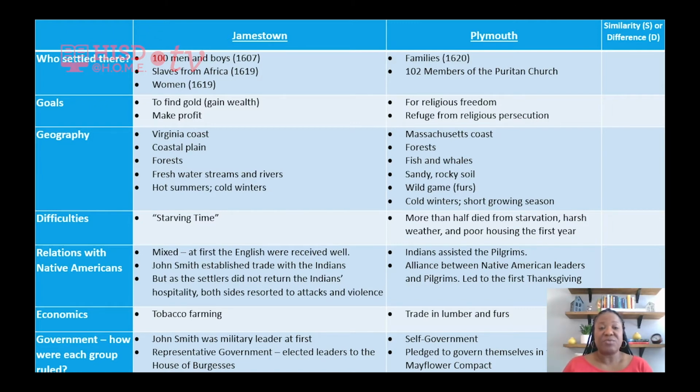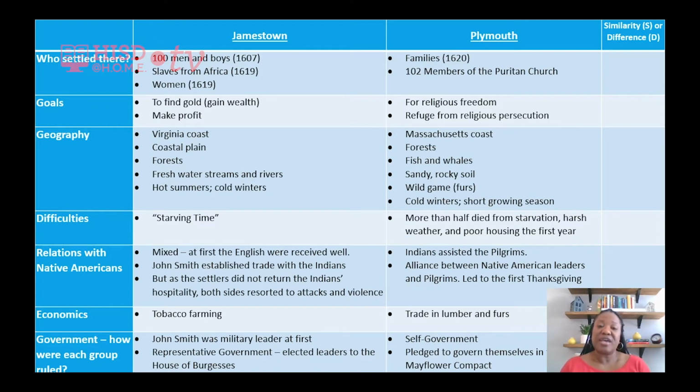It tells us what the goals were, what the geography was like in each of those places, the difficulties that they faced in each place, and the relations that they had with Native Americans that were already there when they arrived. Next, we'll look at the economy of each place and what type of government they had in both Jamestown and Plymouth.